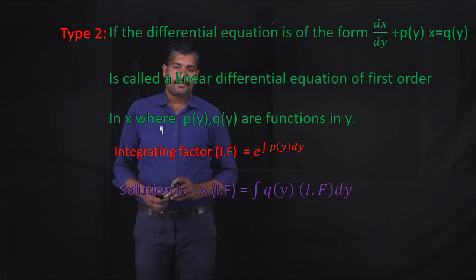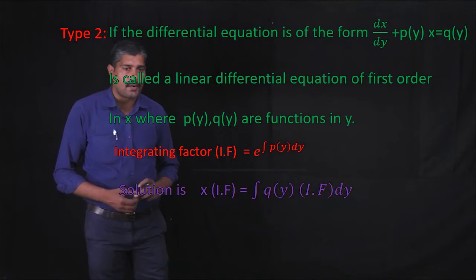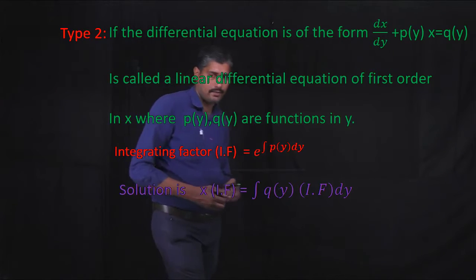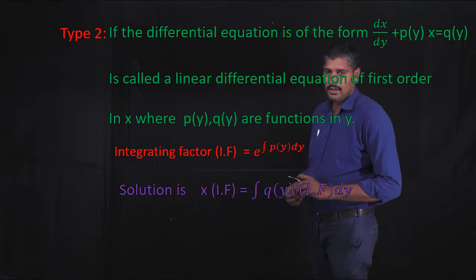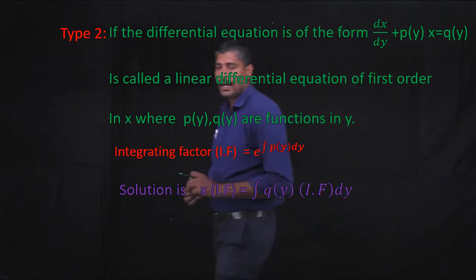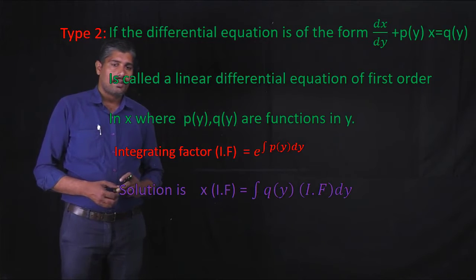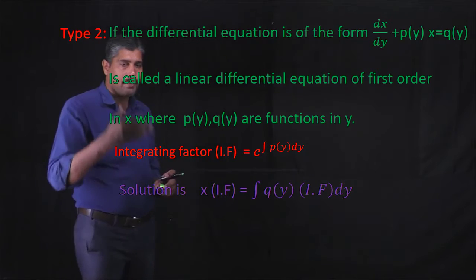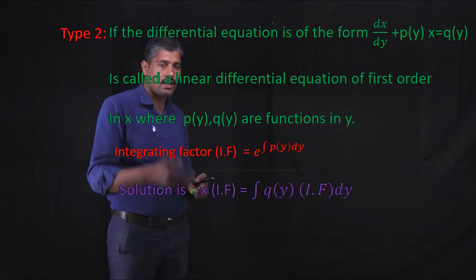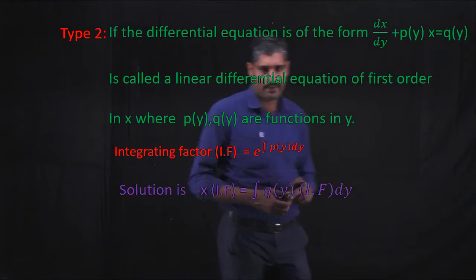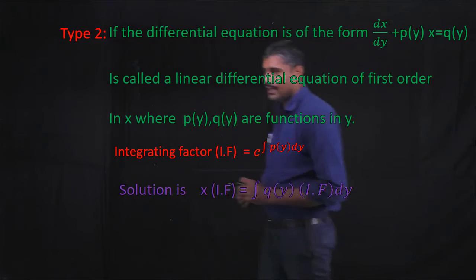Second case: if the differential equation is of the form dx by dy plus p of y into x equal to q of y, it is called a linear differential equation of first order in x, where p of y and q of y are functions in y.